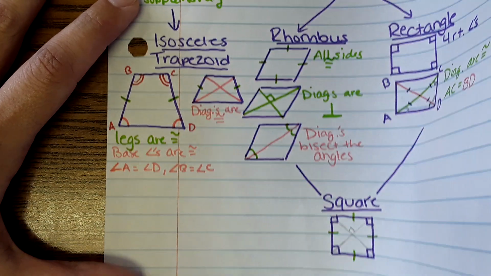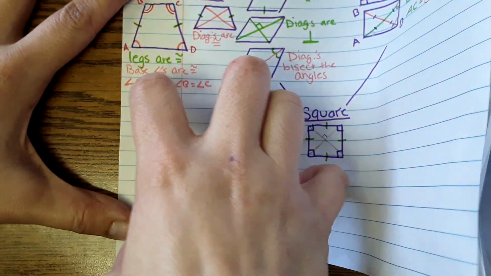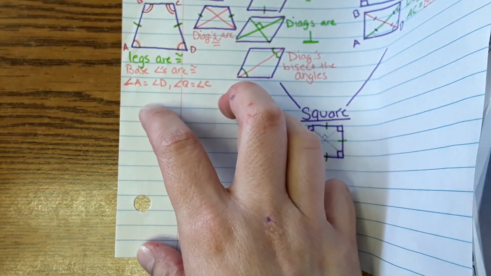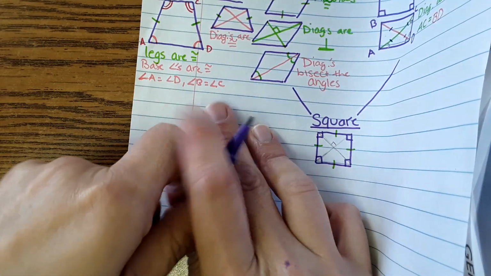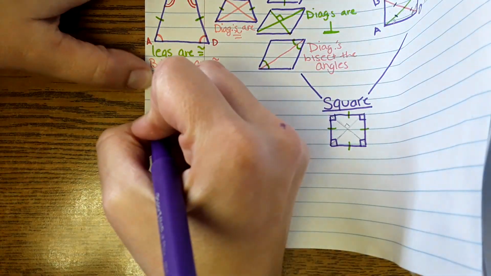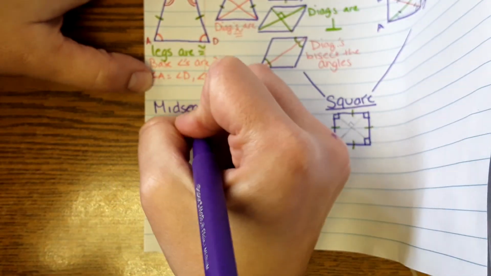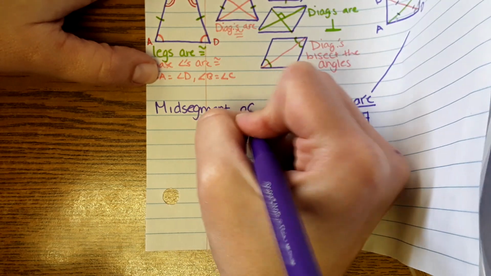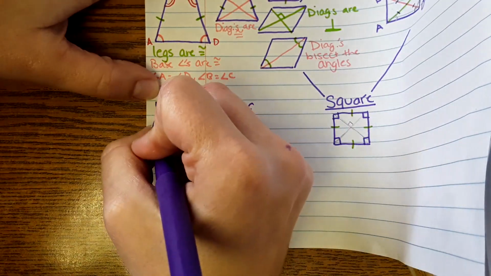Okay. One more thing that we're going to put in this spot right here, it's not really a baby of anything, but it's a concept that we're going to use today, and it's mid-segment of a trapezoid. So just going to put it in the trapezoid section. Mid-segment of a trapezoid.